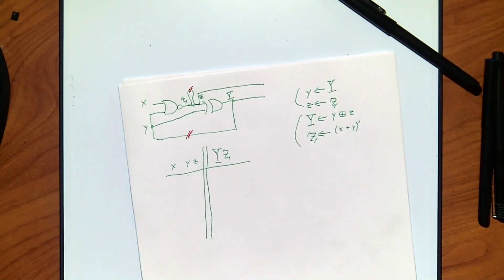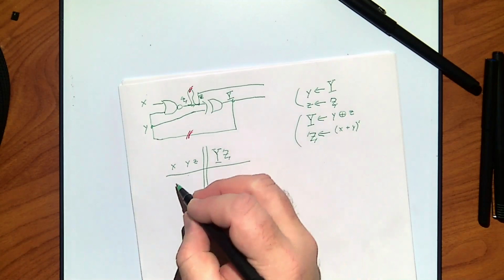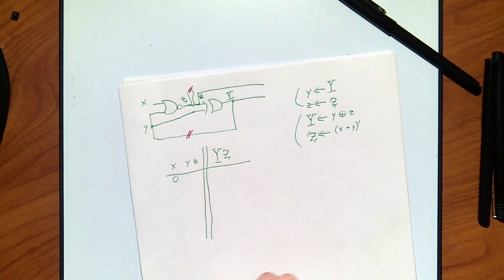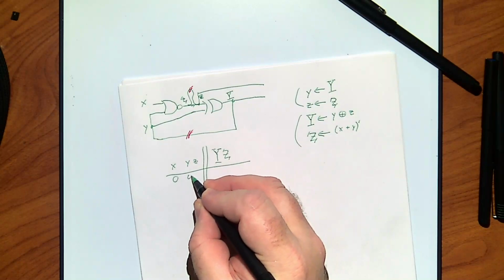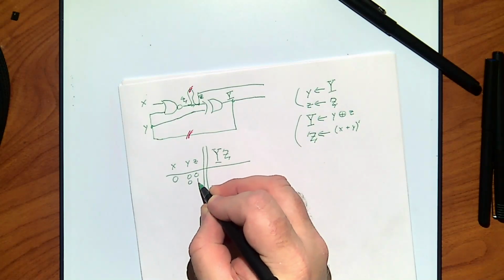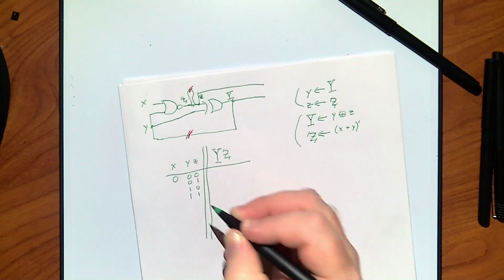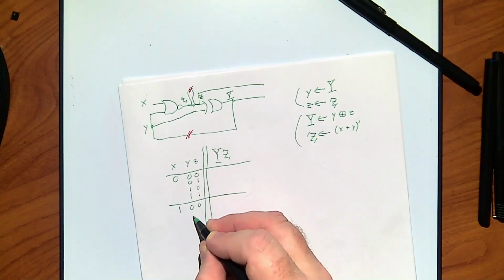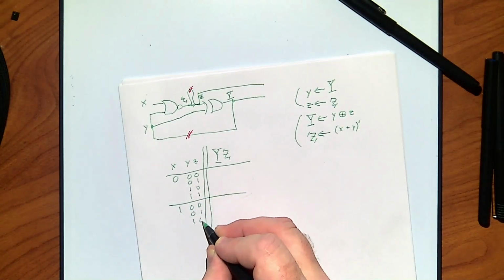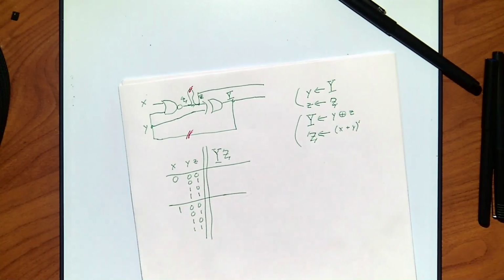So let's say I want to calculate my little table here. And there are possibilities for each x, I'm going to say 0, y and z, all right? 0, 0, 0, 1, 1, 0, 1, 1, 0, 0, 0, 1, 1, 0, 1, 1.